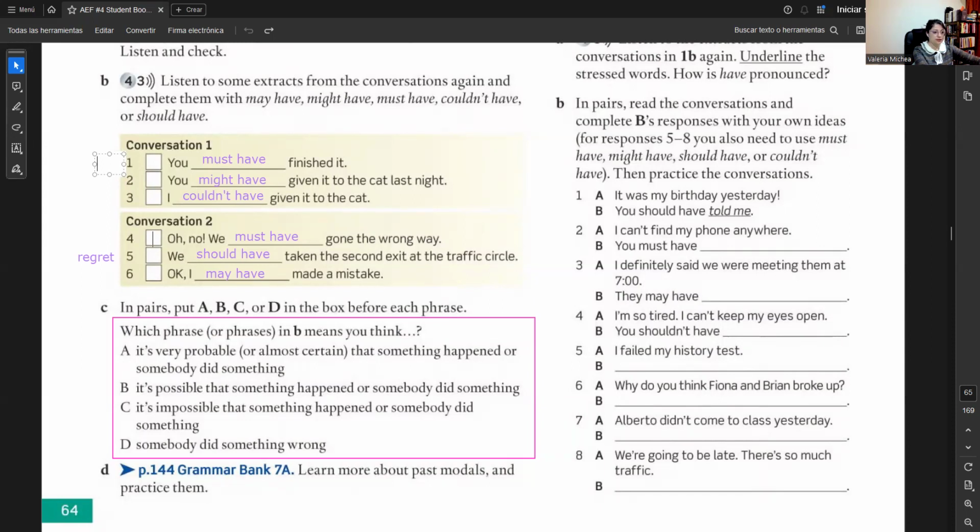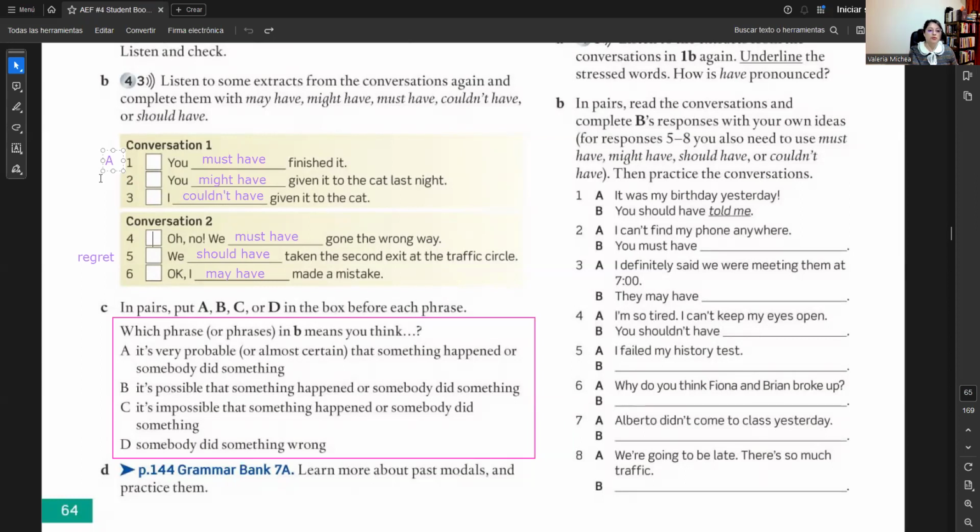And my answer is, yeah, it is right. I agree, it's A. So you must have finished it. It's very possible, according to my own opinion, of course, that you must have done something. It doesn't mean that it's true exactly, but from my point of view, it's obvious. It is very probable. Good.